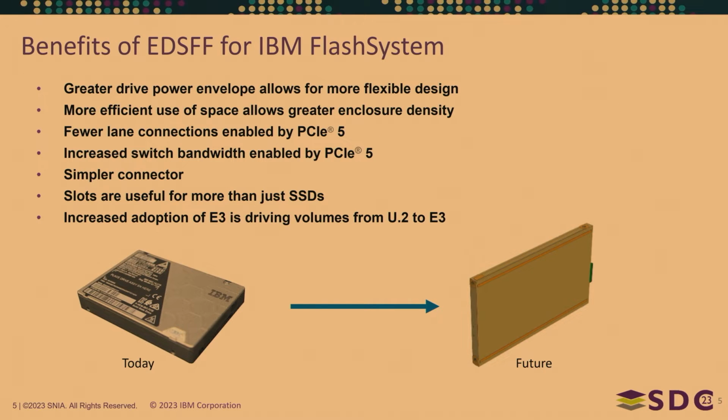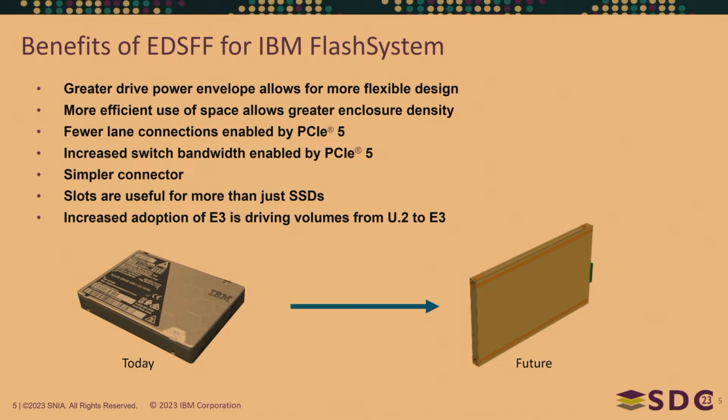So why does EDSFF benefit IBM FlashSystems? It has a greater power envelope, allowing for a more flexible design, more efficient use of space, and PCIe Gen 5 enables either fewer lanes to your drives, or higher bandwidth at the PCIe switch level. The connector architecture is much simpler than it was on U.2.